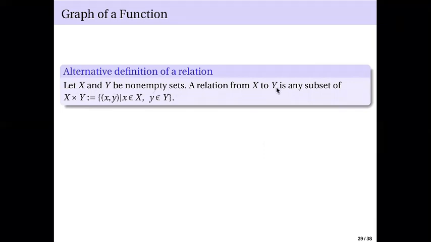A relation from X to Y is any subset of the set X cross Y. And the set X cross Y is the set of ordered pairs (x, y) such that the first coordinate comes from X and the second coordinate comes from Y. I am using the same term, coordinates, because what we're going to do is put it in the rectangular coordinate system.